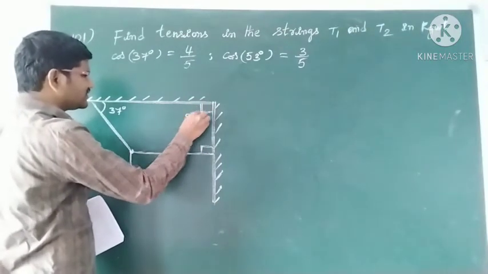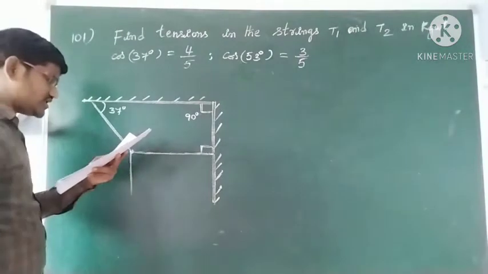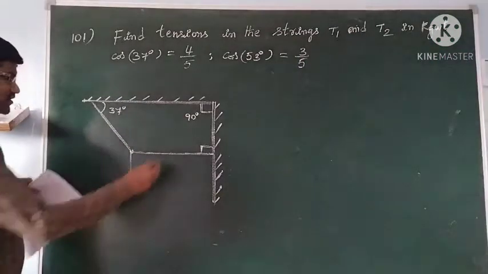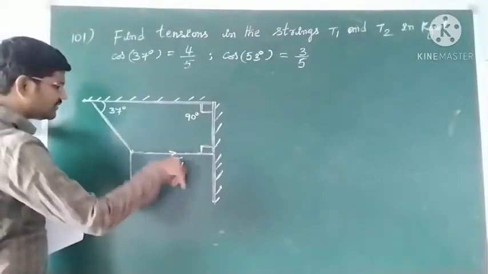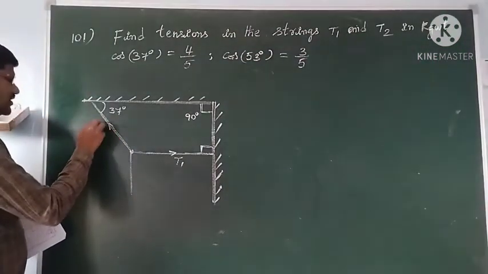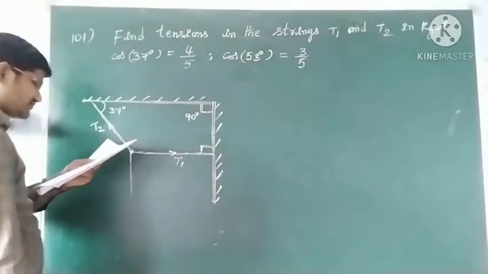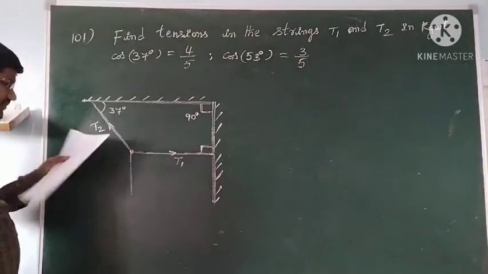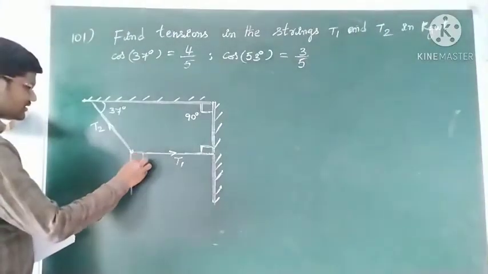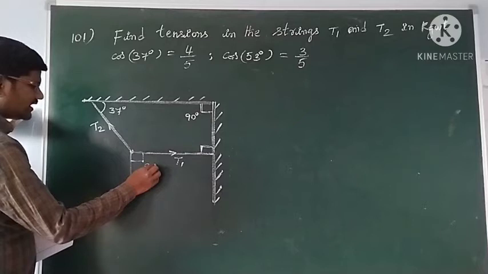Okay students, the tension in this string he has named as T1 and the tension here as T2. And this angle we know is 90 degrees.